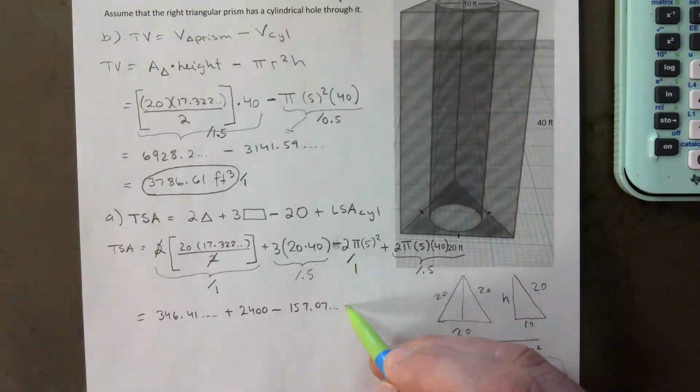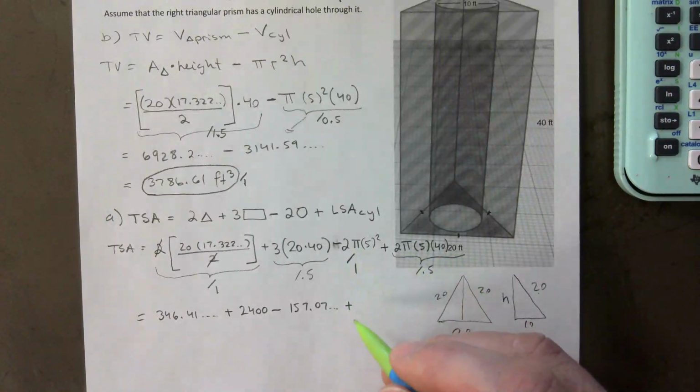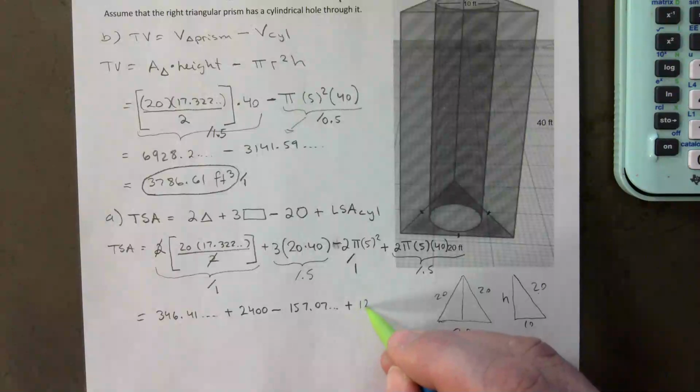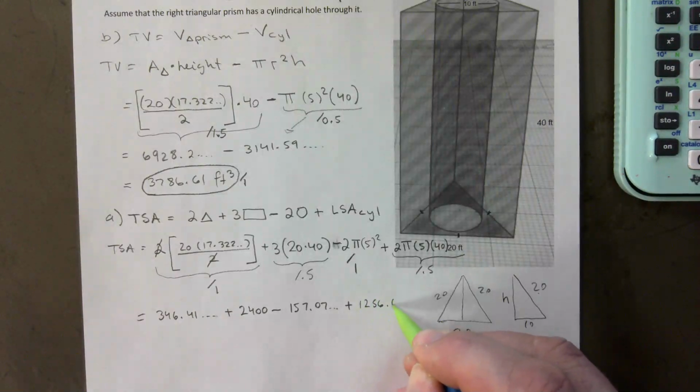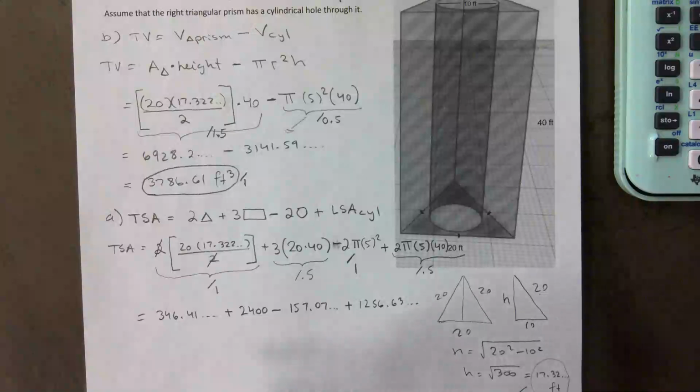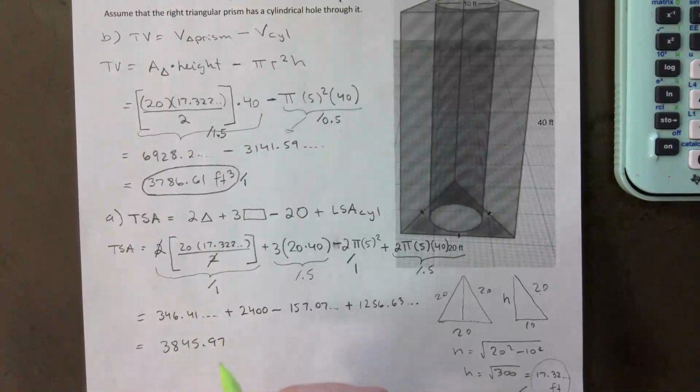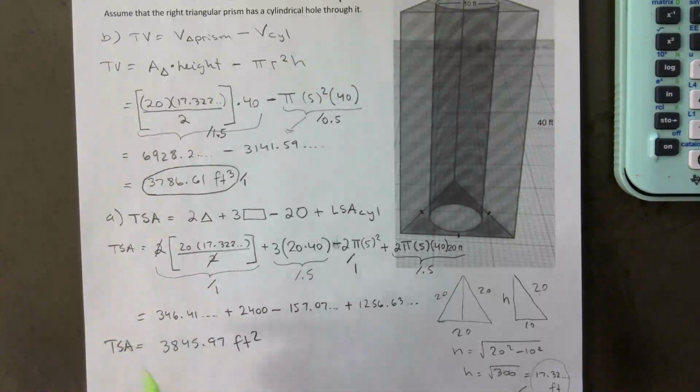Right, this part. Plus, this gives you 1256.63 something, and you bring it all together, it's 3845.97 square feet. So that's the total surface area.